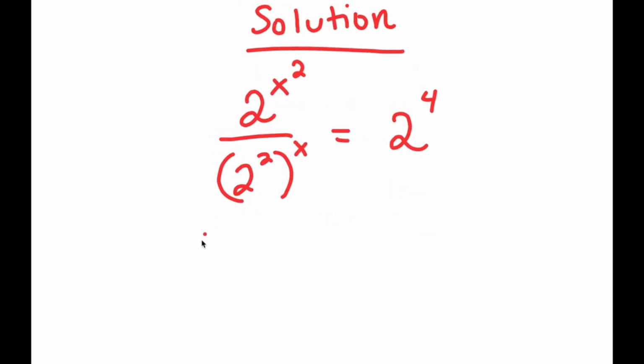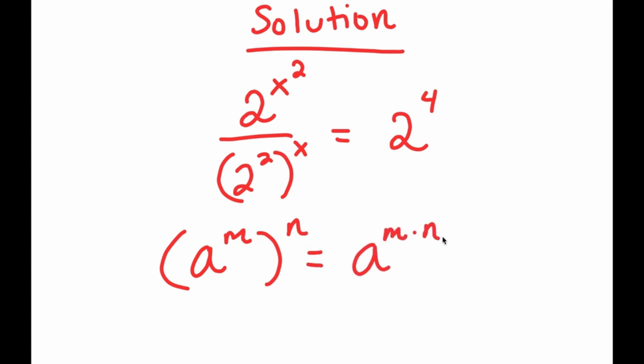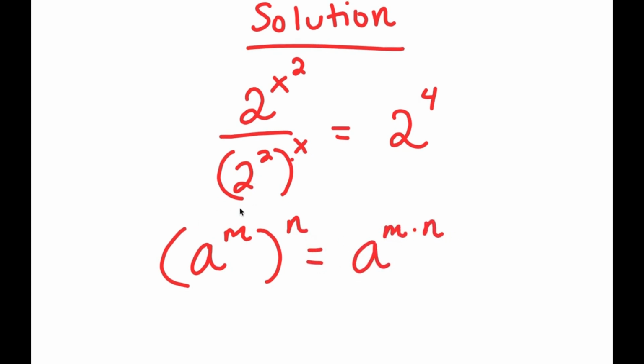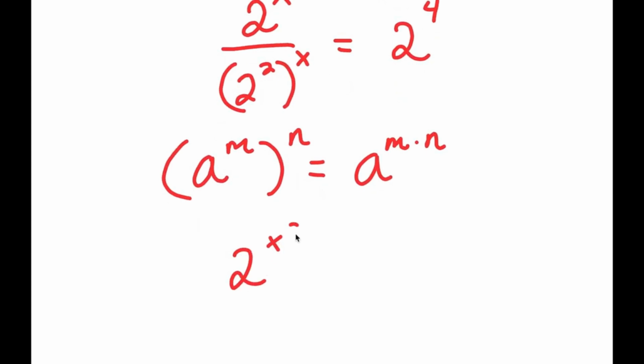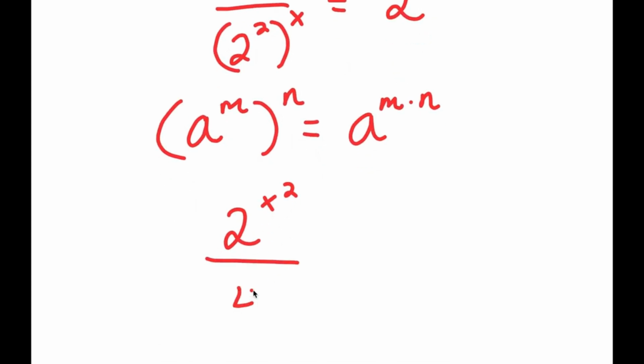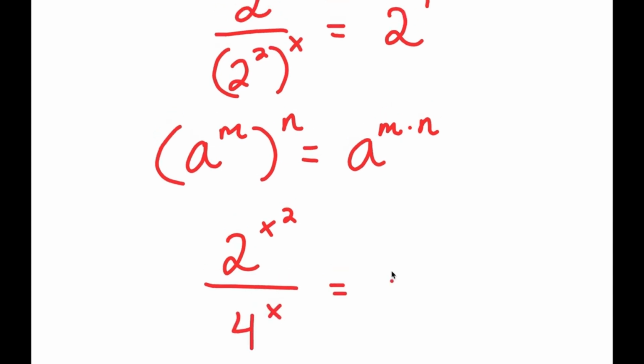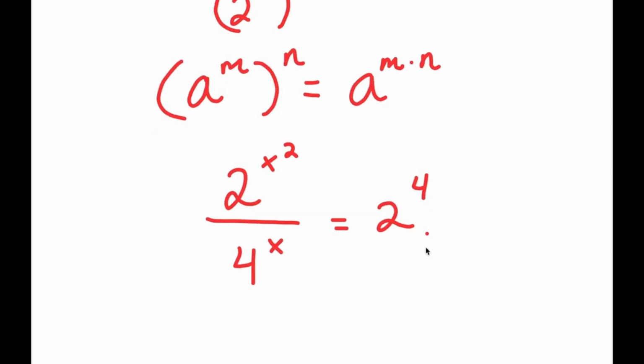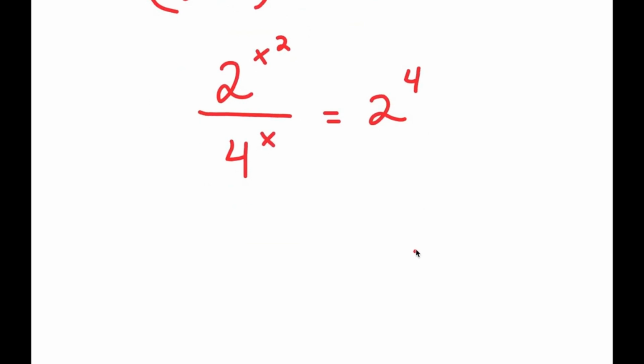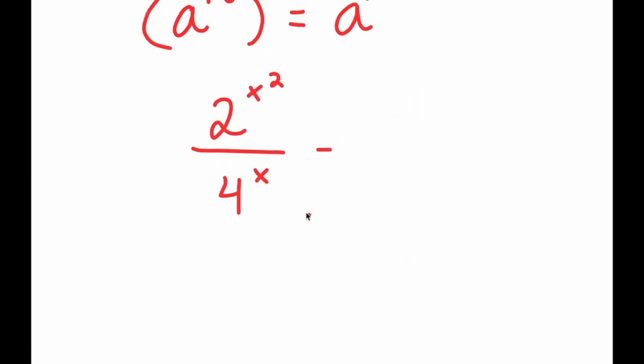Now from here, if I have something in the form a to the power of m to the power of n, this is equal to a to the power of m times n. So 2 squared to the power of x, I can rewrite that as, oops, sorry, this is not 4 to the power of x, this is actually 2 to the power of 2x, which is equal to 2 to the power of 4.